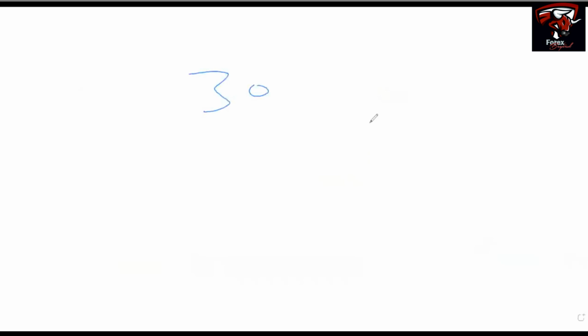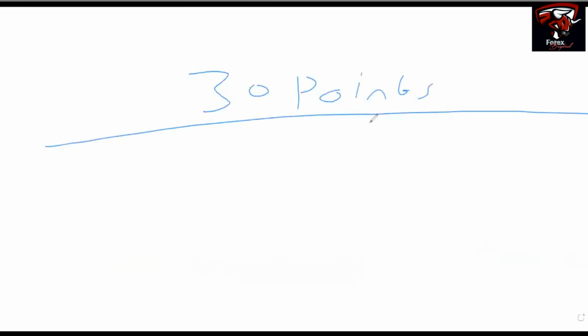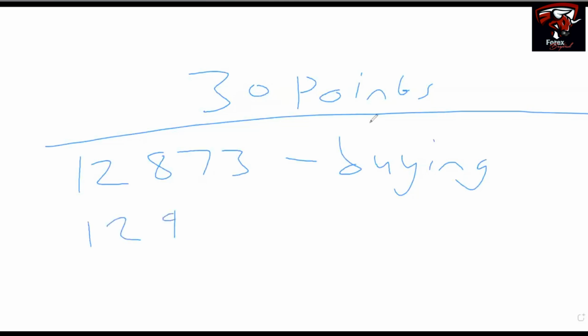I'll be setting my TP at 30 points from the entry. The biggest question is, what is 30 points from the entry? If the NASDAQ price is at 12,873 and I am buying, that means my TP will be at 12,873 plus 30, which will be 12,903.